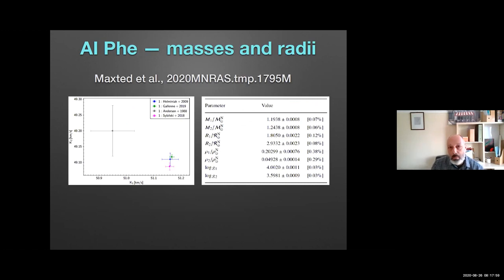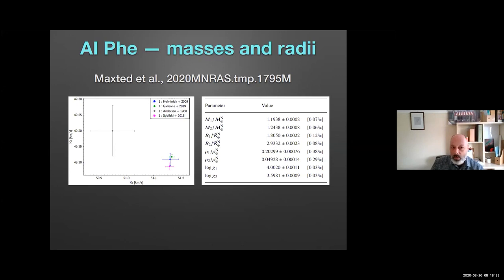You then also need the masses of the stars from its spectroscopic orbit to use Kepler's law to get A, and that turns your fractional radii into real radii. This diagram on the left is just to point out that if you take measurements of the semi-amplitudes of the spectroscopic orbits, basically the orbital speeds of the two stars, and you look at measurements that have been made with echelle spectrographs by 3 independent teams, 3 different measurements by 3 different methods and so on, they all agree amazingly well.